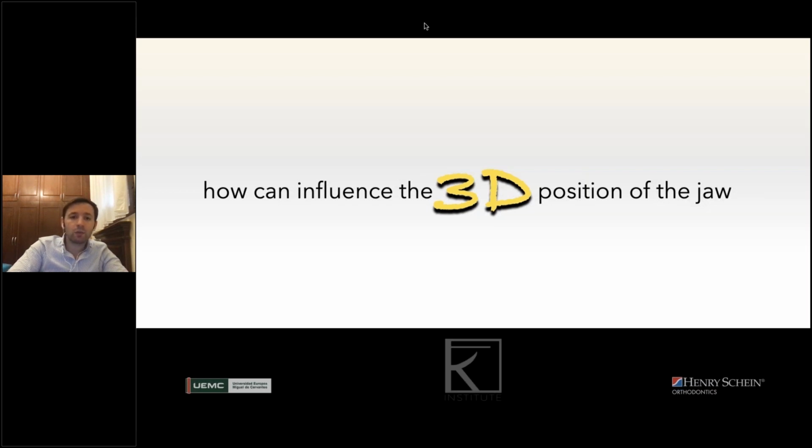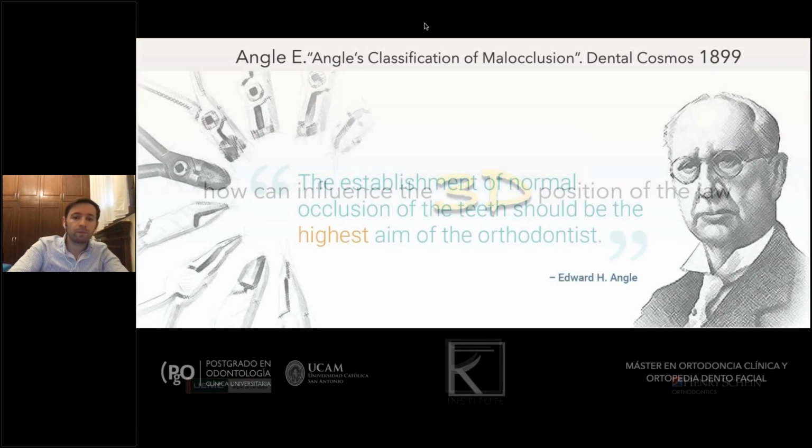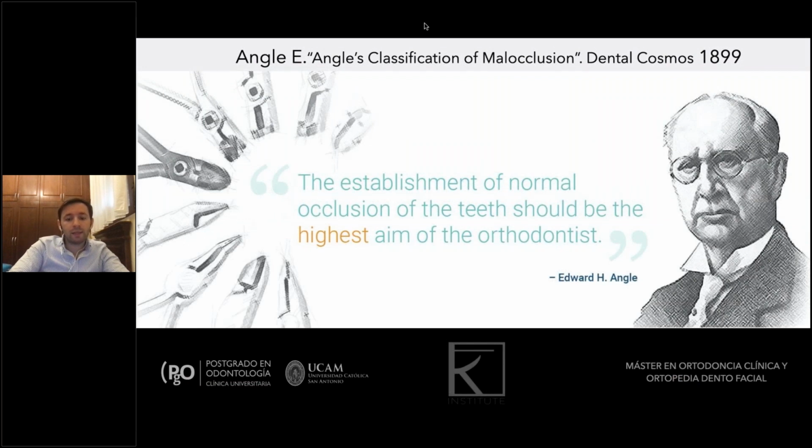Is it necessary to know the 3D position of the jaw? Wait. In 1899, Dr. Angle said the establishment of a normal occlusion of the teeth should be the highest aim of orthodontics. Now we know that it has to be an objective that we have when we are doing orthodontics, but it's not the only objective.